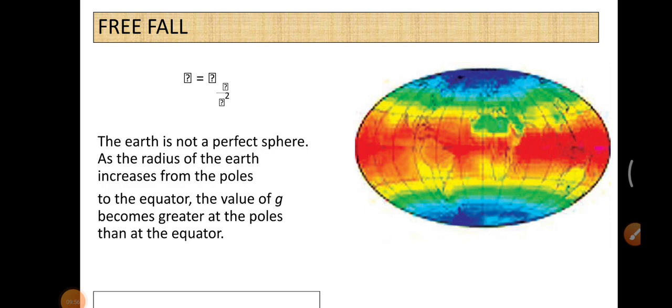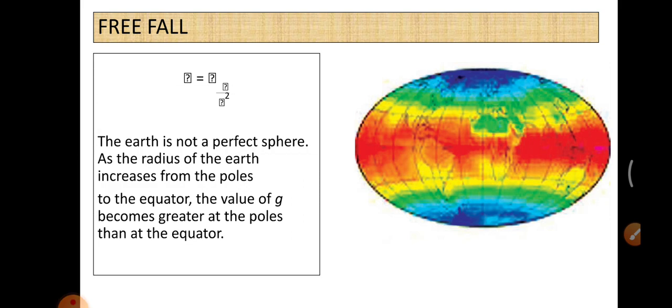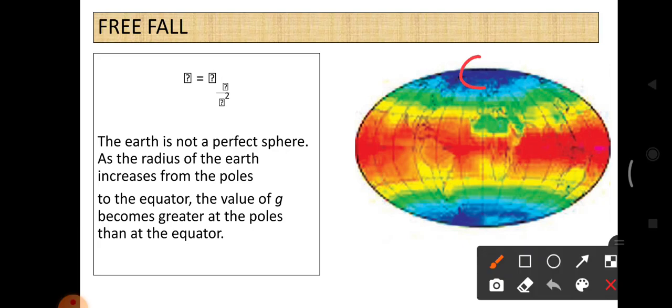See, this is the earth. This is not a perfect sphere. You know that this is a pole and this is the equator. So I just draw the line. The earth is not a perfect sphere.